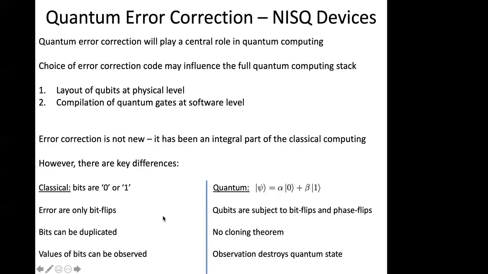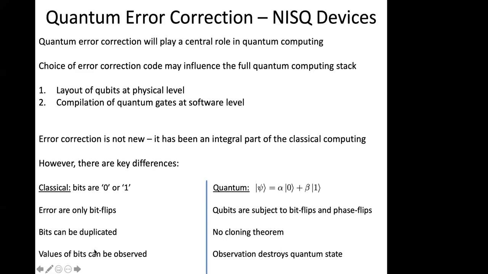But the key differences are classical bits are only 0 or 1, but quantum bits are in superposition. So in the classical domain, errors can only be bit flips, like 0 becomes 1 or 1 becomes 0. But in qubits, errors are very complex because there is not only 0 becoming 1 and 1 becoming 0, but also the phase changing, the qubits rotating on the sphere that I was talking about earlier. In the classical domain, you can duplicate the bits, but in quantum you can't, because once you try to duplicate it, you decohere it.